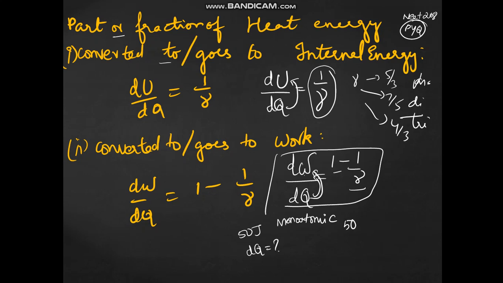Work done divided by dQ, which you want to find, is equal to 1 minus 1 divided by gamma, where gamma is 5 by 3. So 50 divided by dQ is equal to 2 by 5. So dQ is equal to 125 joules.